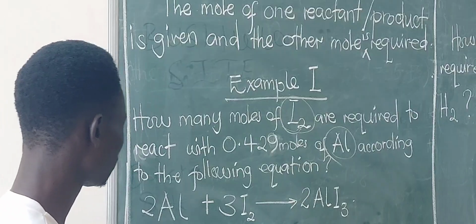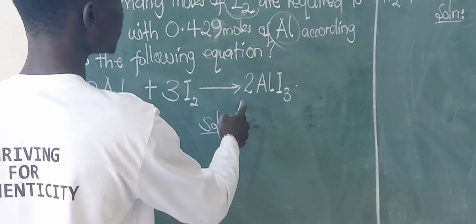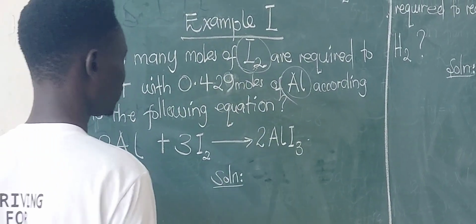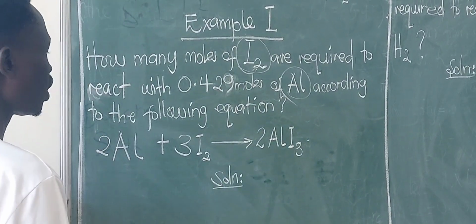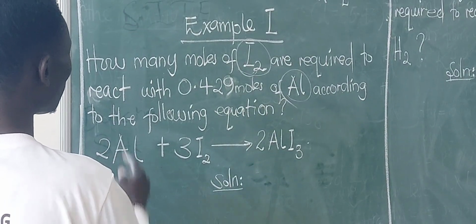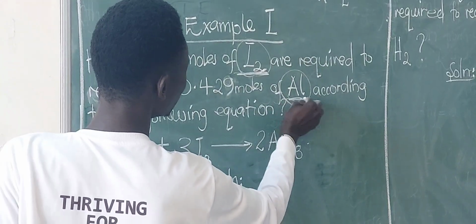So here we have aluminium reacting with iodine to give us aluminium iodide. In this case, you are going to use the mole relationship. How many moles of this one is required to react with this one?